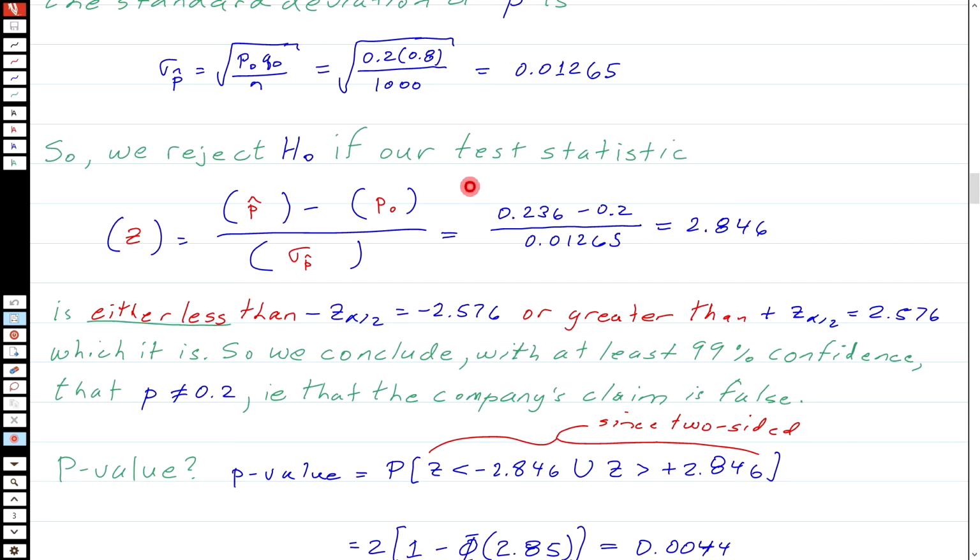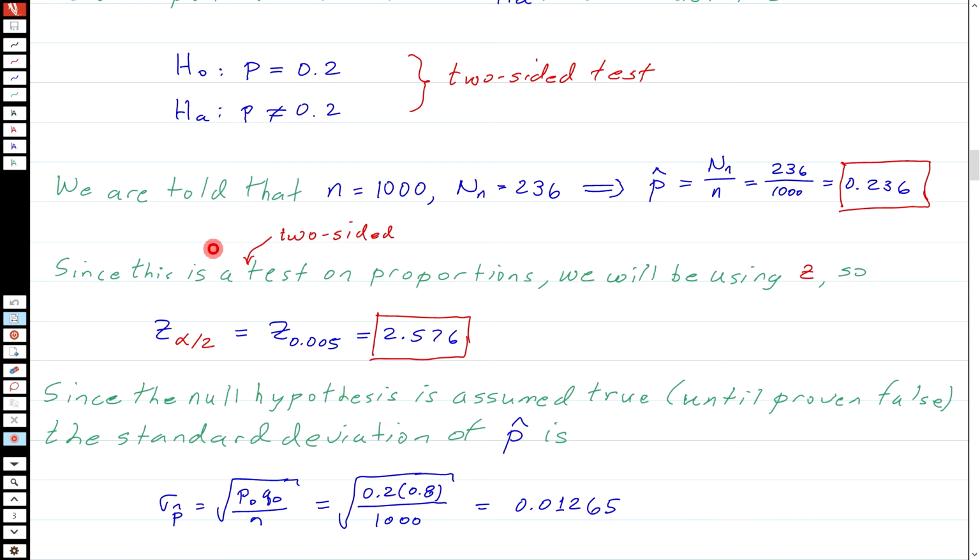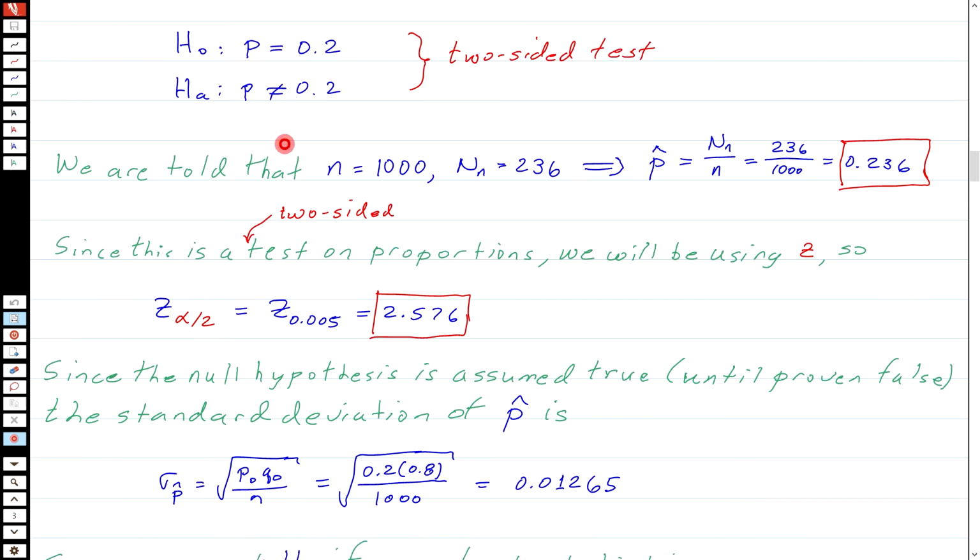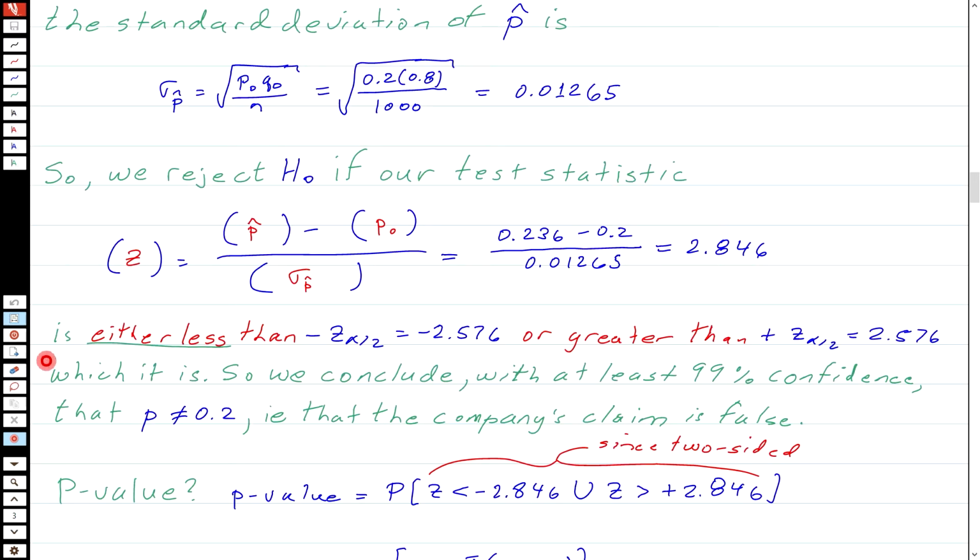We reject H naught if our test statistic z, which is p hat minus the claim under the null divided by the standard deviation of p hat, which is 0.236 minus 0.2 divided by 0.01265, which is 2.846, is, this is a two-sided test, not equal to is a two-sided test, so our words here are either less than minus z alpha by 2, which is minus 2.576, or greater than plus z alpha by 2, which is plus 2.576.